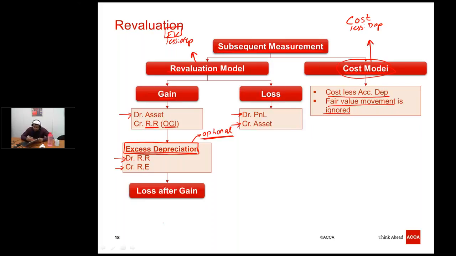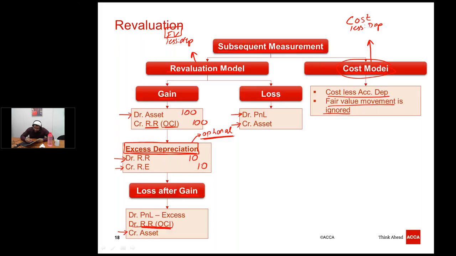And if we have a loss after the gain, the asset will be credited because of the loss. The loss will first be recorded in the revaluation reserve through OCI up to the amount remaining over there. Now let's suppose that the asset was revalued upwards by 100 and the excess depreciation transferred is 10.